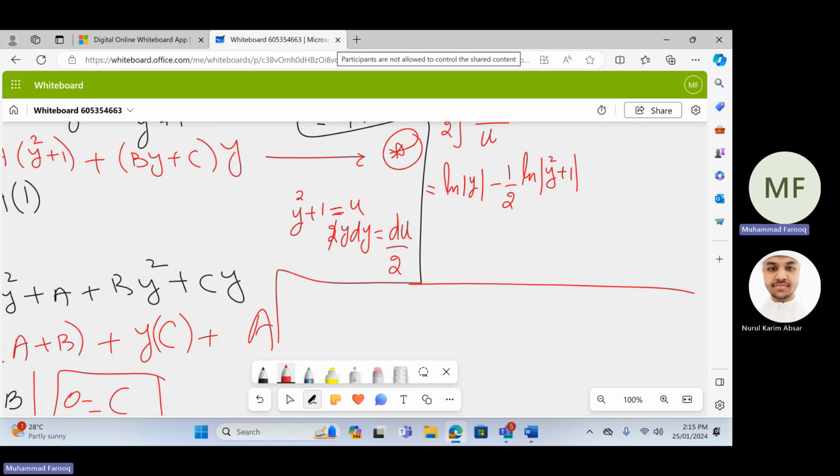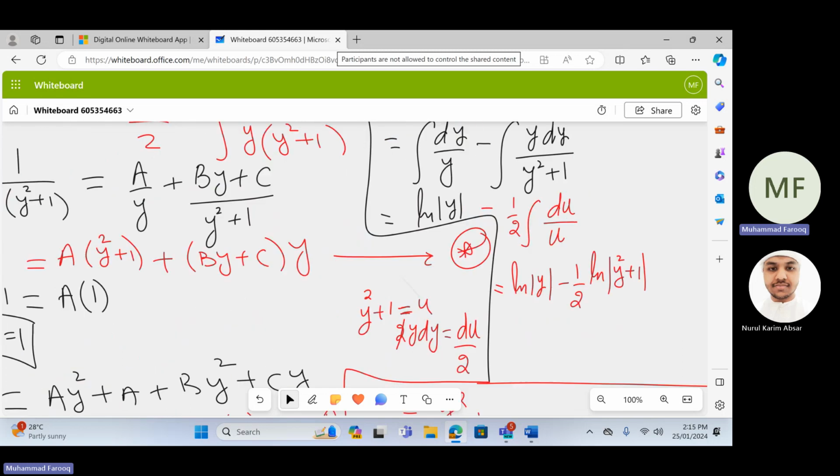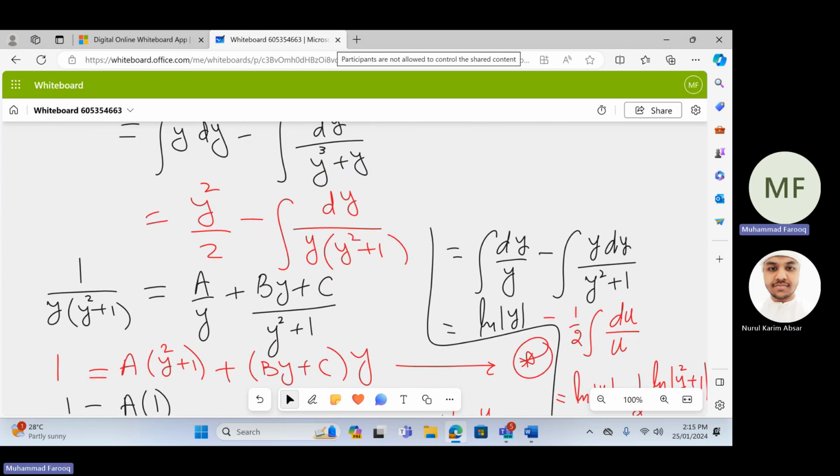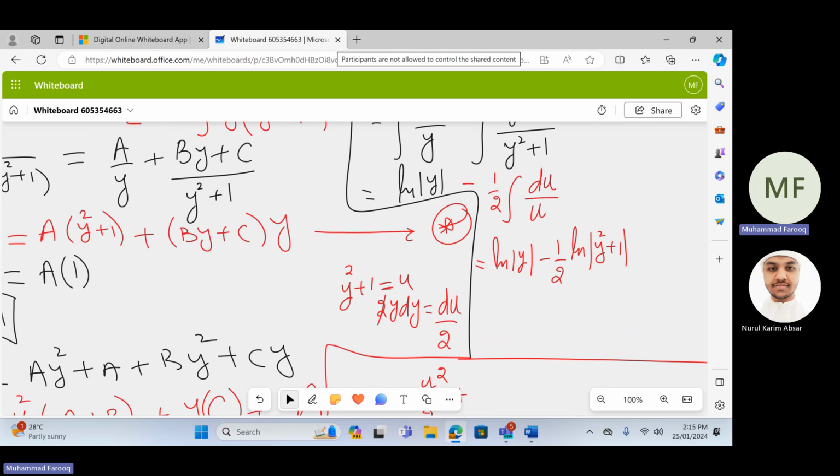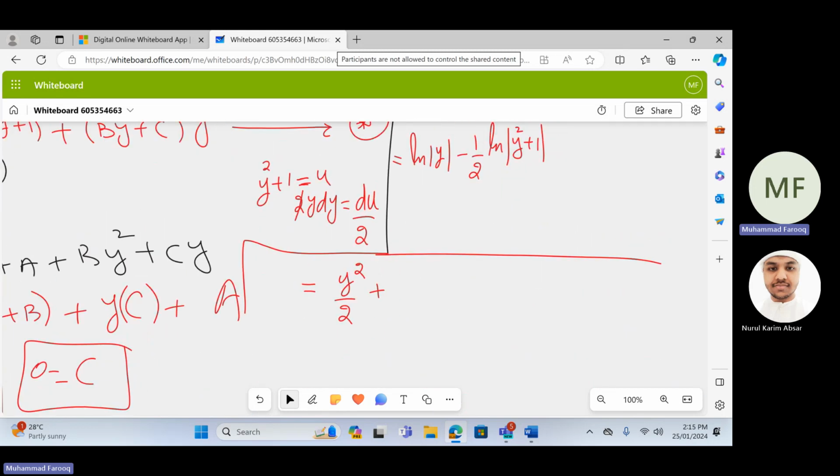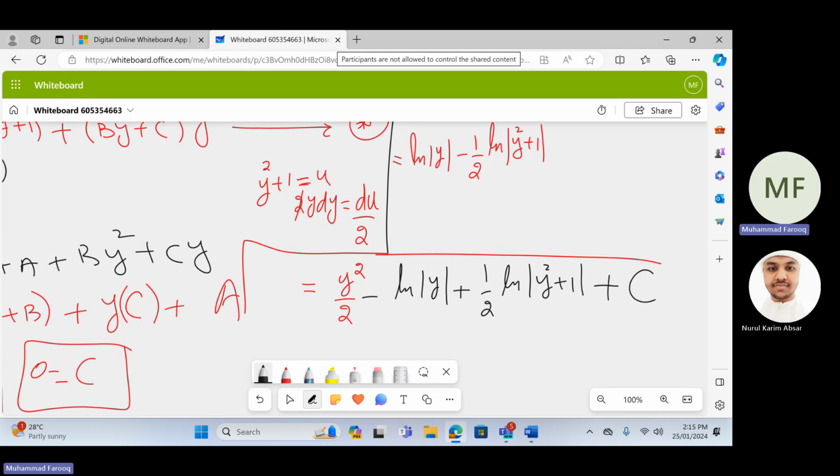The final answer to the question is y squared over 2. Was it plus or minus in the question? Minus. So the sign changes. Now it's minus this one: ln absolute value of y. And this becomes plus 1 over 2 ln absolute value of y squared plus 1, plus C.